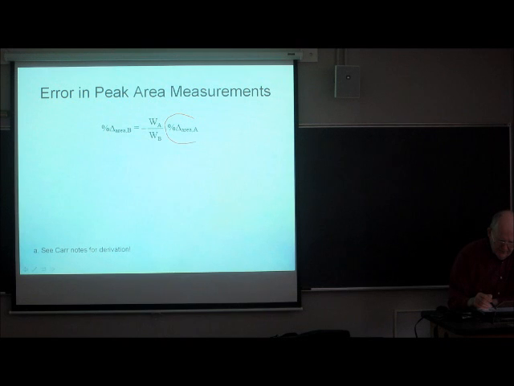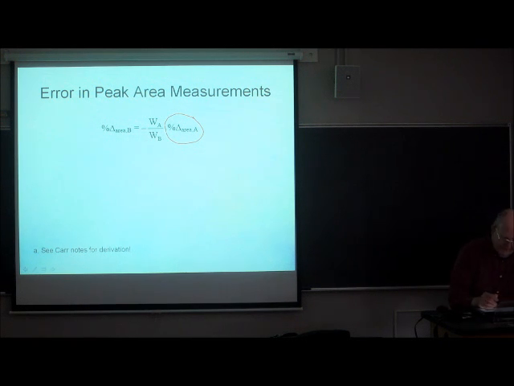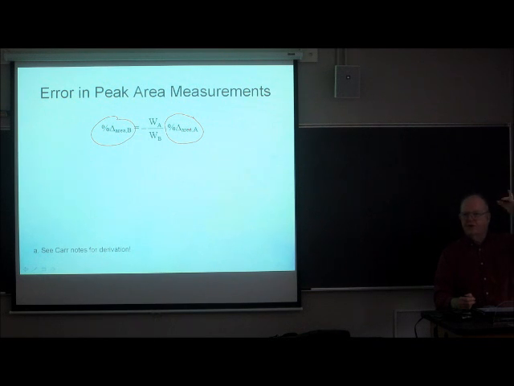The percent error in area A times the ratio of the weights or areas, W is the total area, so the weight of A relative to the weight of B. If this is a positive error, then the error in B must be negative. Conservation of area, mass, demands that. And so the percent error in B is the negative of the ratio of the two areas, the true areas, times the percent error in A. Just conservation of mass makes that work out.